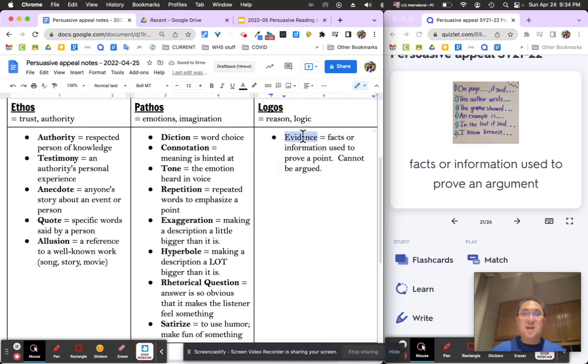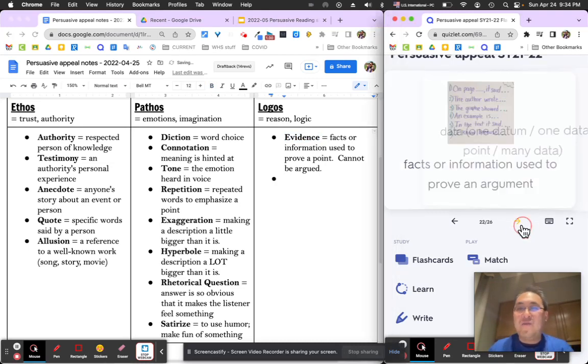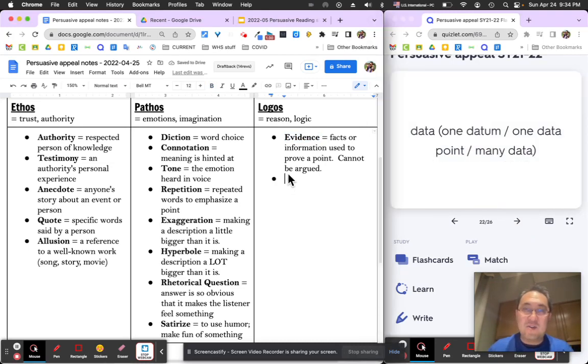You can talk about how they measured it, but you can't really argue about a number. Like, are there really 7 people? Yes, I can count them. 1, 2, 3, 4, 5, 6, 7. There are 7 people, right? I can't really argue about that. So the evidence really can't be argued. They're facts.